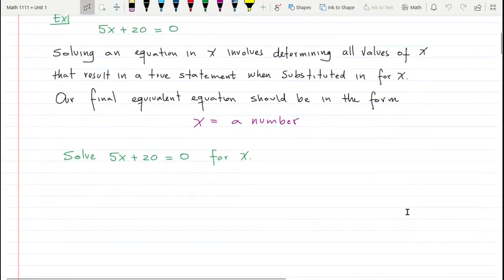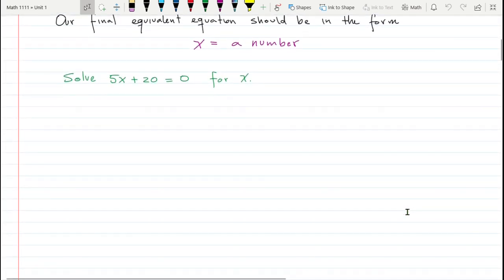So let's solve this equation, 5x plus 20 equals 0, for x. Notice if there were more variables, we would still do the same algebra, but we're trying to solve for x. We're targeting the variable x.